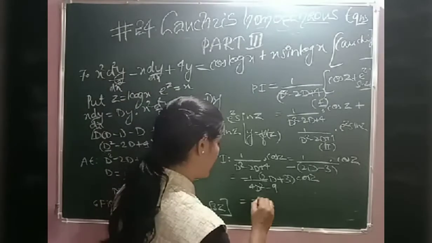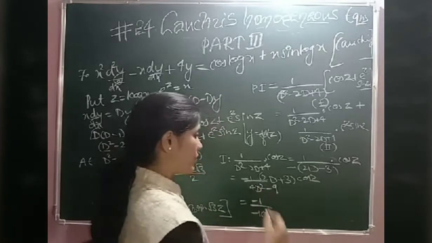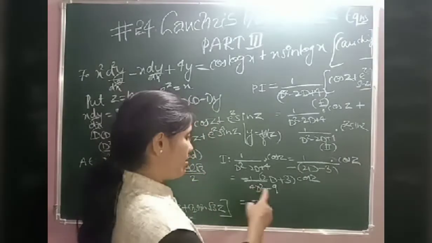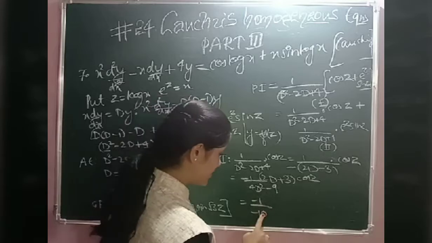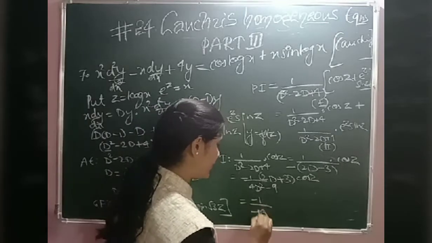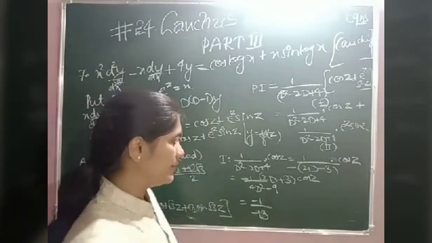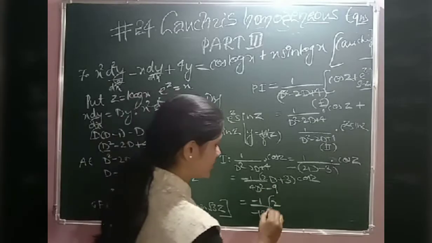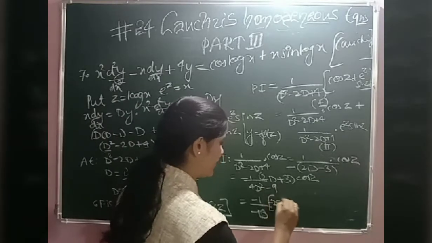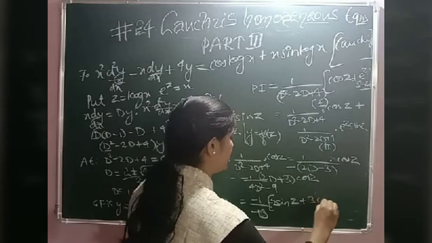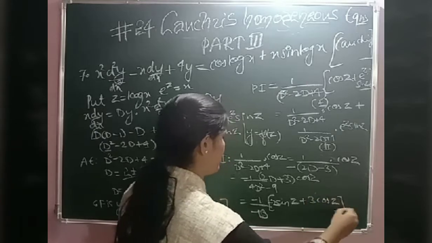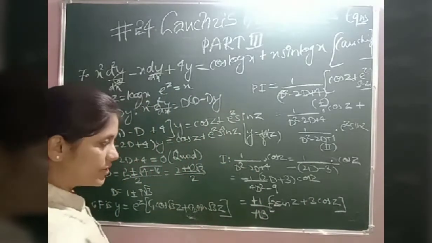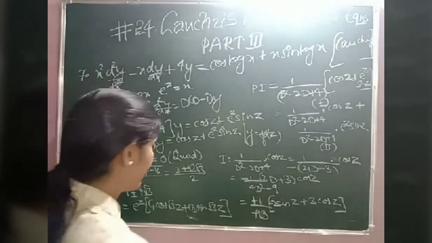So this gives 9 plus 4, which is 13, in the denominator, and in the numerator 3 plus 2D of cos z. What is differentiation of cos z? Minus sin z. So the answer is 3 cos z minus 2 sin z by 13. So this is our first part. Now let us do the second one.